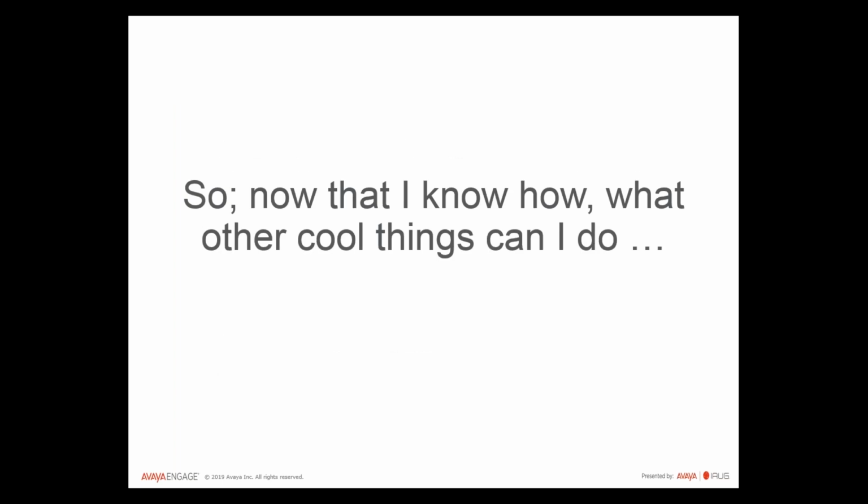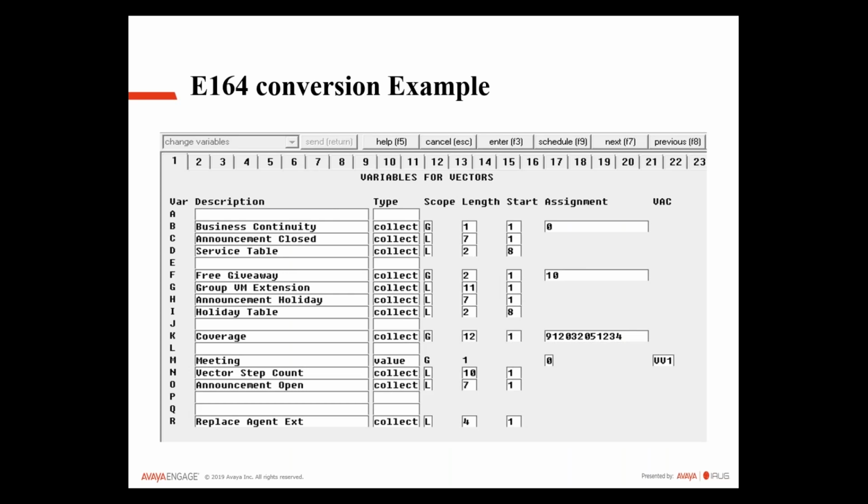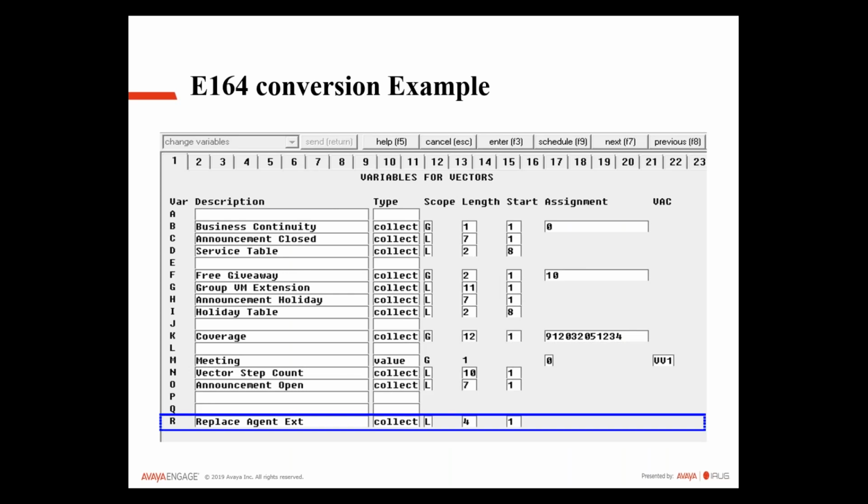So now that we've covered the basics, what are some of the other cool things that we can do for business case uses with our variables? Business continuity, obviously, for us was the biggest one. The other, for me, was E164 conversion or replace agent extension. We went from a 4-digit PIN for our agents when the calls were prompted to an 11-digit dial plan.